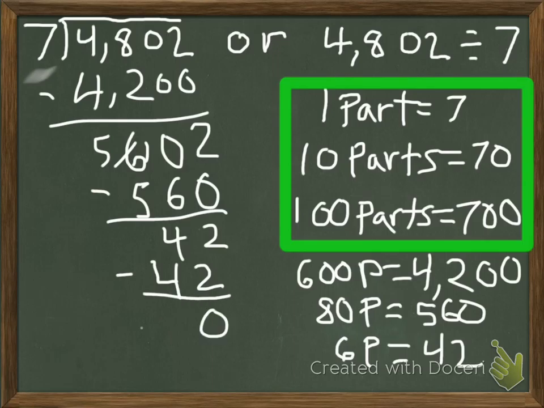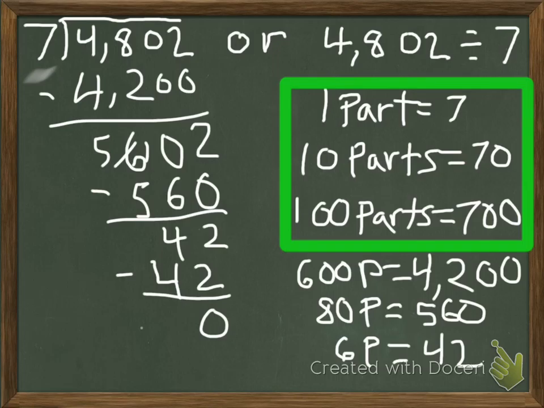Now the interesting thing about this is if I count by 6, 7 times, I'm going to get 42, and that's my ones part. If I count by 80, 7 times, I'm going to get 560.